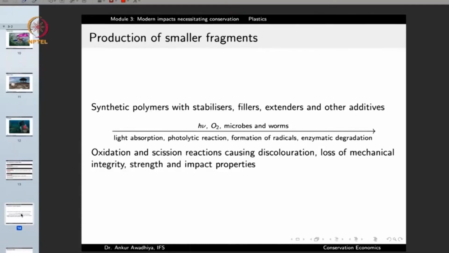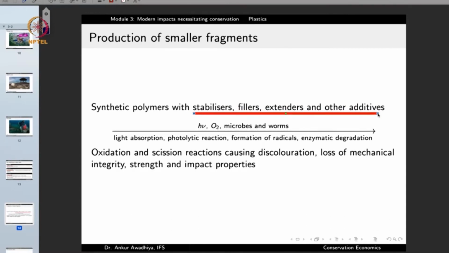So, the stabilizer will stabilize this material. You would also want to add certain other substances that make it look much more transparent, or add colors to it, and so on. So, when the large sized plastics reach into the environment, they have all these stabilizers, fillers, extenders, and other additives that are together with the plastic.